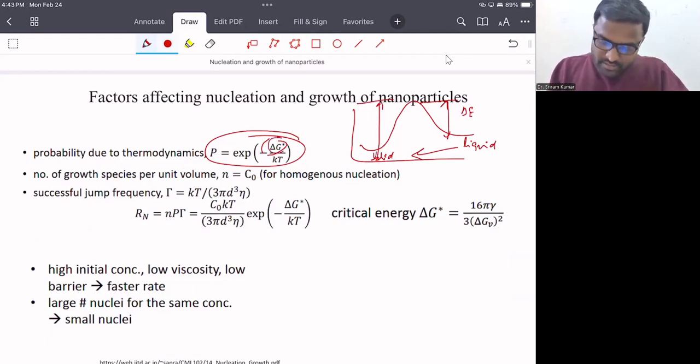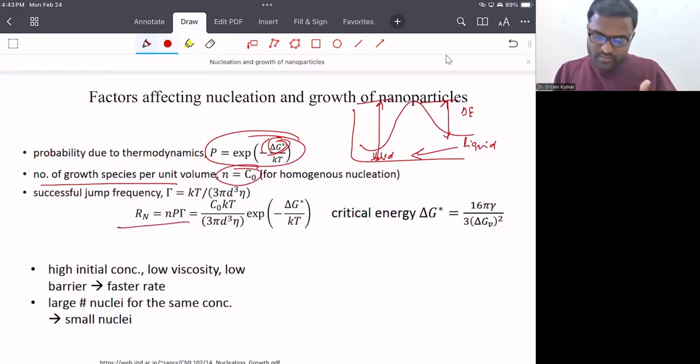And here delta G star is the energy barrier between the surface energy and the volume energy. And if we have the initial concentration, we have the number of growth species per unit volume, that is the concentration. Then we can know the rate of the nucleation process, and that depends on the initial concentration C0, it depends on temperature, and it depends on viscosity here.